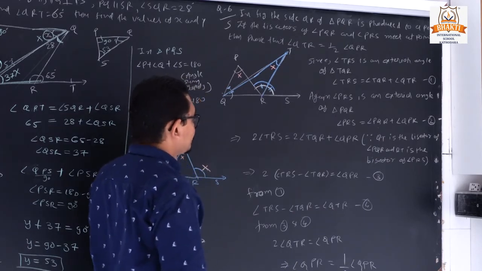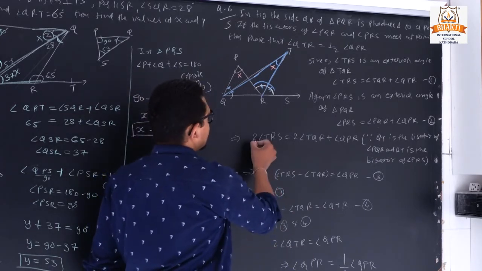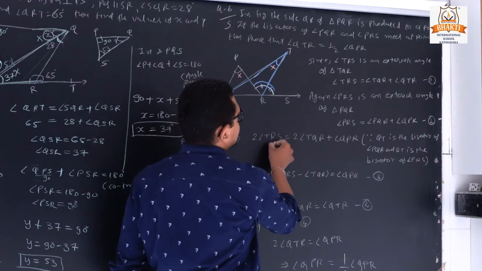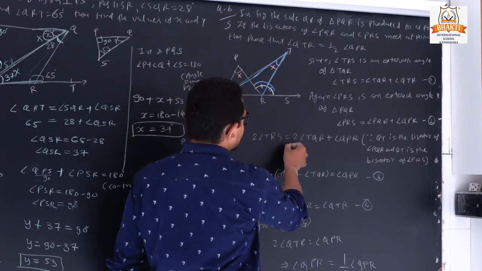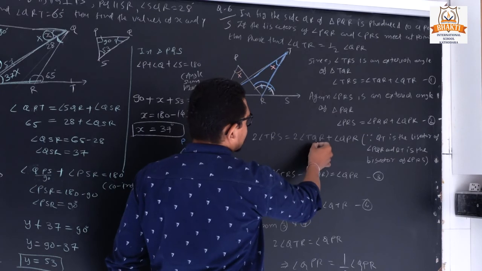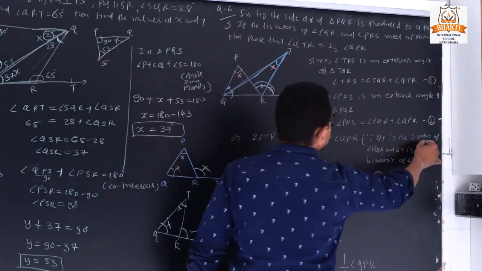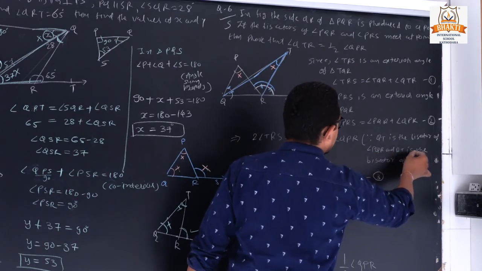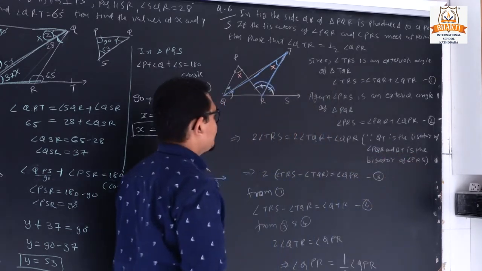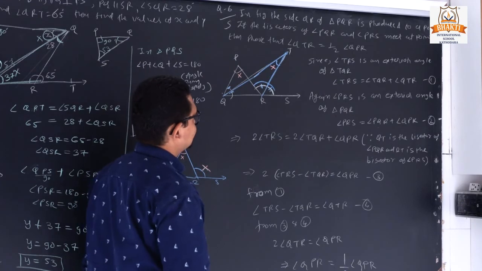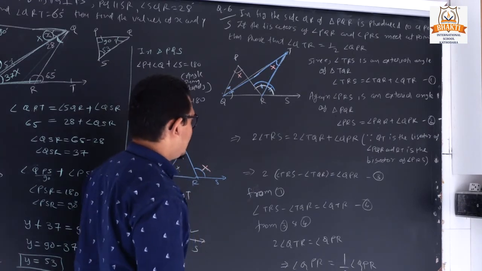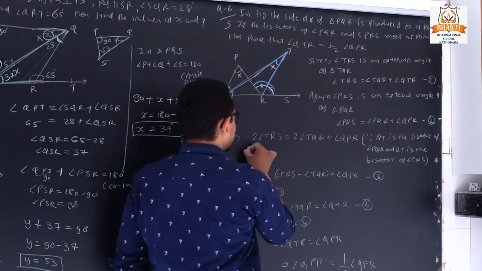Now from this, 2 TRS is equal to 2 TQR plus QPR, because QT is a bisector of PQR and RT is a bisector of PRS. Clear? So now this term is going to the second side.